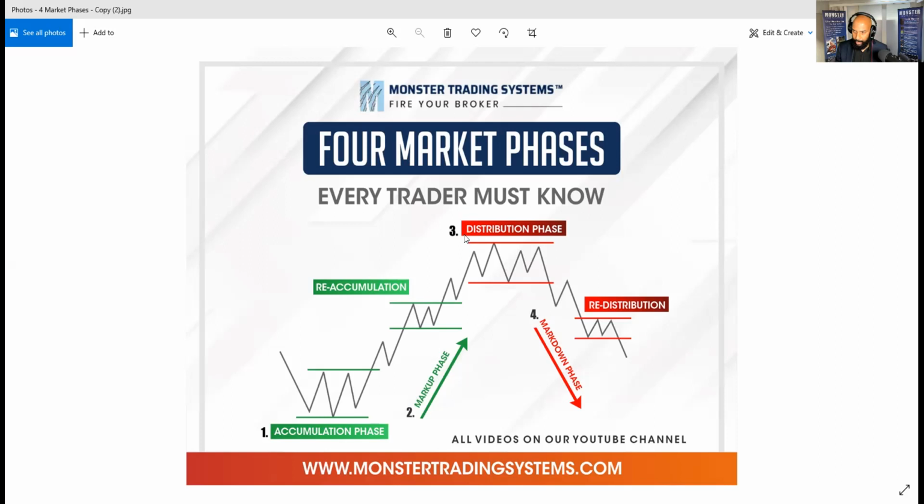Phase 3 is distribution, and phase 4 is the markdown. Please take a picture of this with your phone. I recommend you print it out and laminate it so that you have it for your records. The 4 market phases that every trader must know.